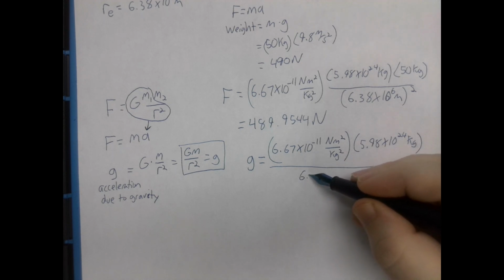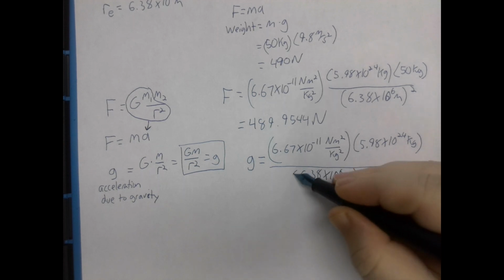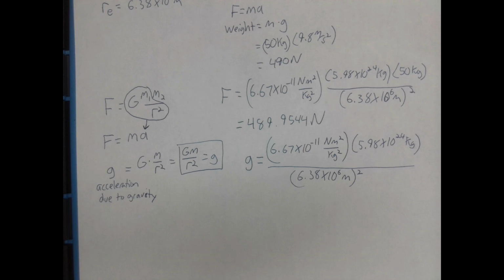So that'd be 6.38 times 10 to the 6 meters, squared. Meter squared cancels out with meter squared, and kilogram divided by kilogram squared is just divide by kilogram.